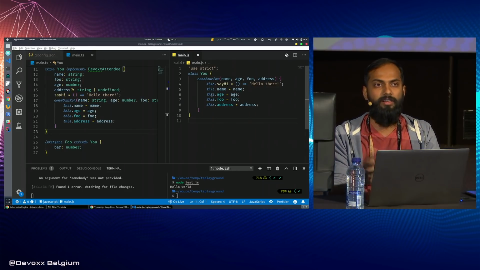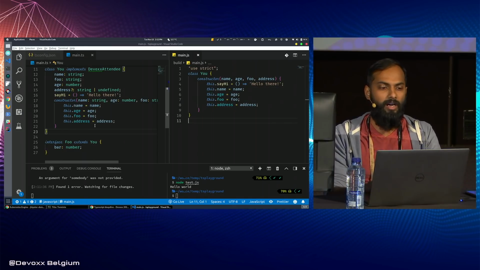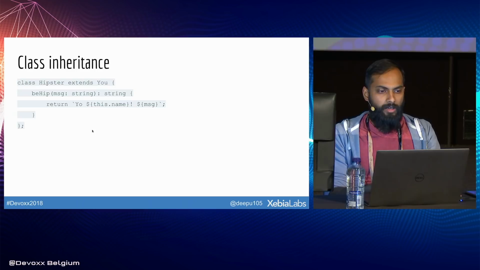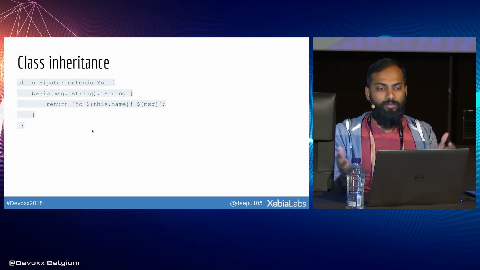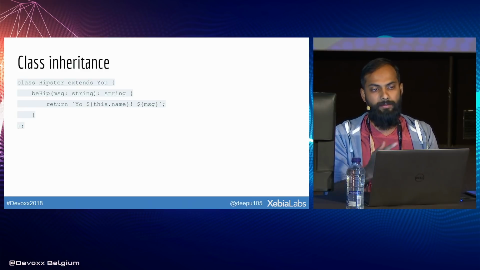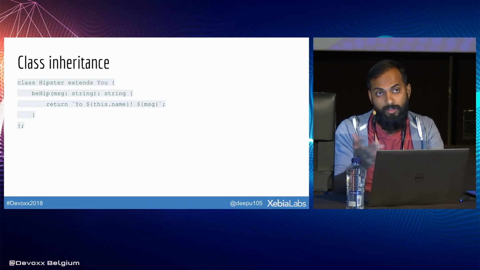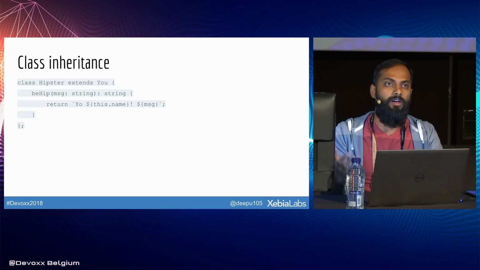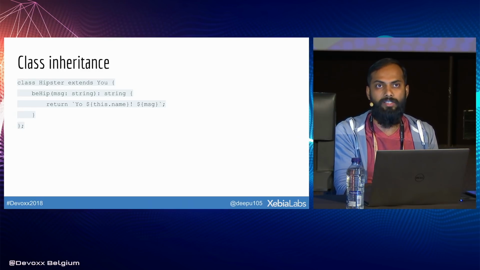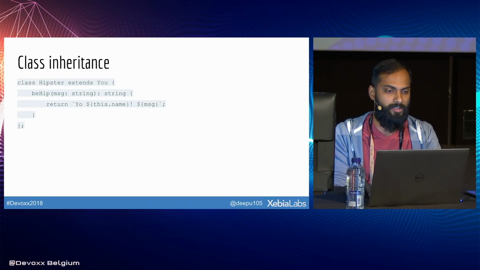It's only the class, because everything else is only understood by TypeScript. And of course, class inheritance, I don't have to go much into here. It's an ES6 feature. TypeScript also supports it natively, which you don't have to specify because TypeScript is a strict superset. That means every JavaScript feature is a supported TypeScript feature as well.